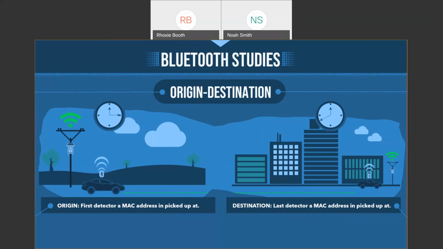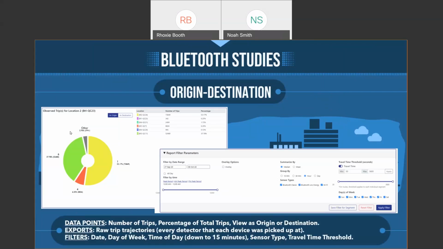You can export the raw trajectories and the trip-by-trip data to see exactly which detectors each MAC address was picked up at. But in terms of this sample report on the left here, this is literally just the first box that it was picked up at, and then the second box, as in detector, Bluetooth detector.